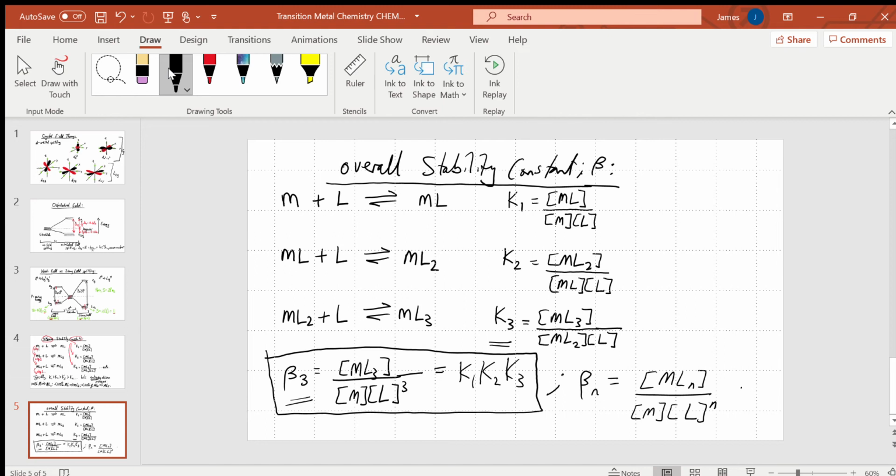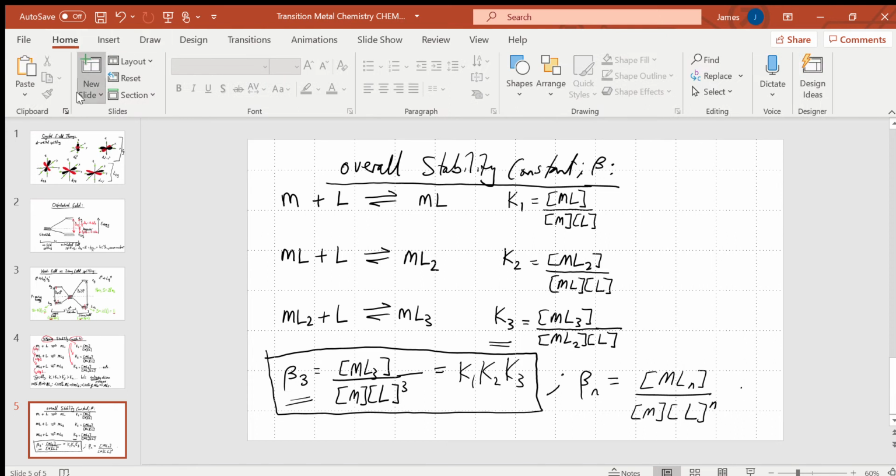Okay, so we have a way to use our thermodynamics to start to look at these complex materials that we're looking at in this chapter, these coordination compounds eventually that we'll be introduced to.